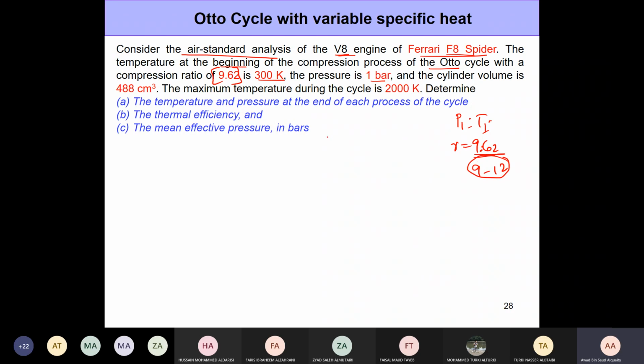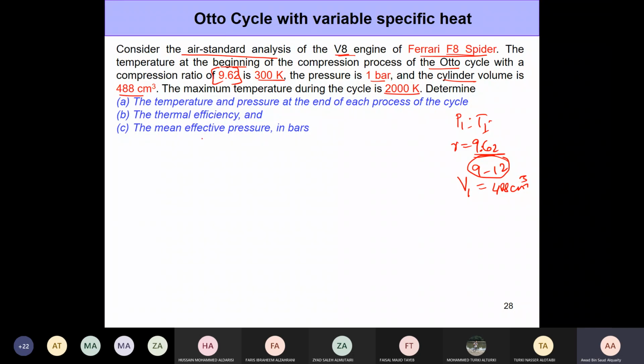All right. So apart from this, we also have the cylinder volume, which is given as 488 cubic centimeters. So this is basically the volume at state 1, or the Vmax, right? V1 is given as 488 cubic centimeters. The maximum temperature during the cycle is given as 2000 Kelvin. Now, what does this temperature represent? What state does it represent?